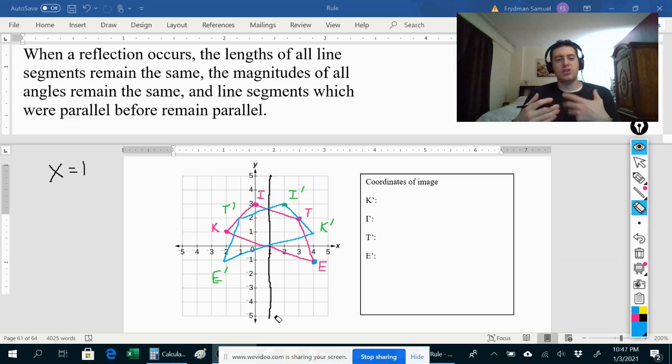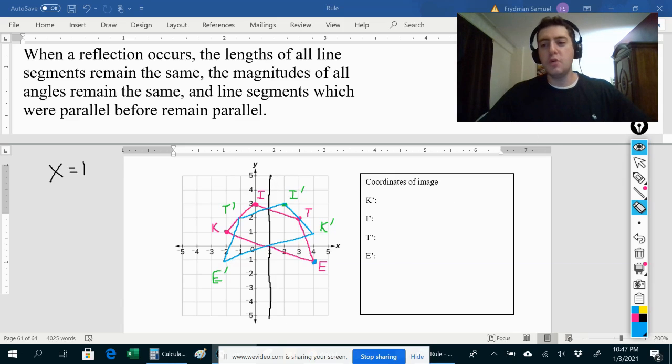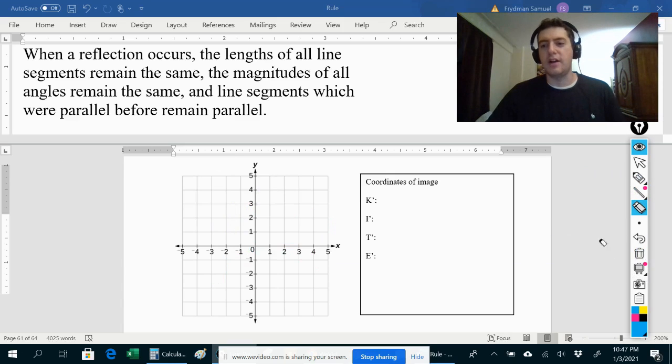It's still sort of like what this pink shape would see in the mirror if the mirror was on top of it. So anyway, it's still the mirror image, but it's overlapping with the original shape because this line went right through the original shape.